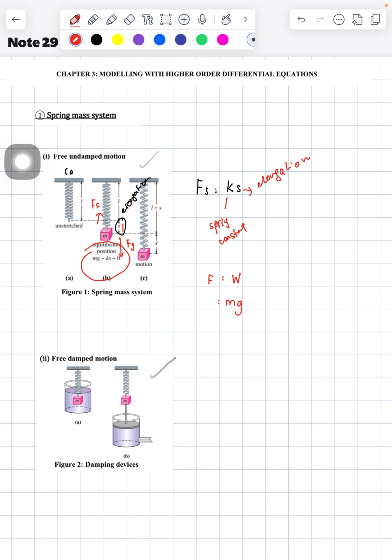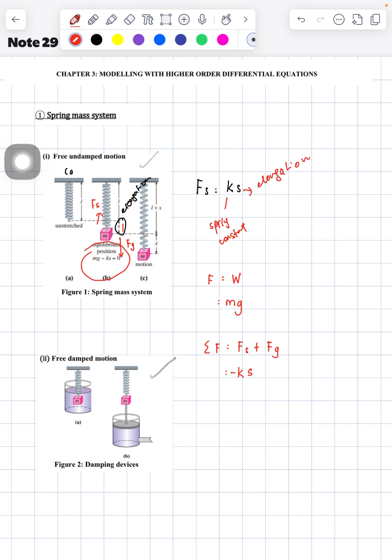So the total force equals Fs plus Fg. Our Fs is Ks, and remember Fs acts upward, so the sign is negative.